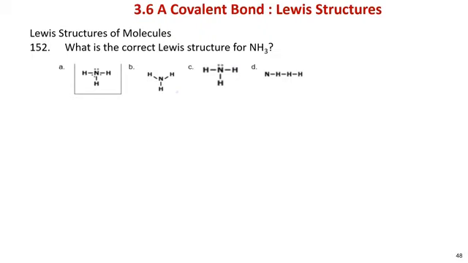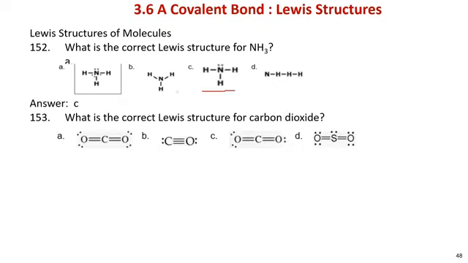Ammonia has 8 electrons, 5 plus 3 is 8. This is the only one which has 8 electrons. This has 6, this has more than 8. That's wrong connectivity. The atom making the most bonds should be in the middle, like this. We talked about it. Therefore, the correct answer is C.